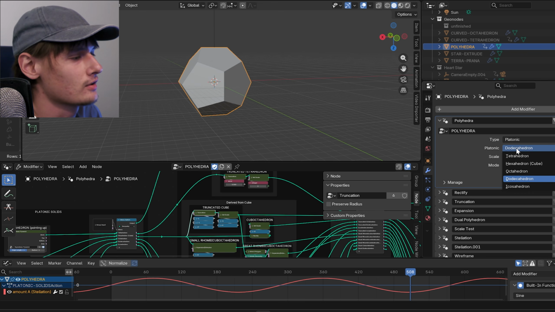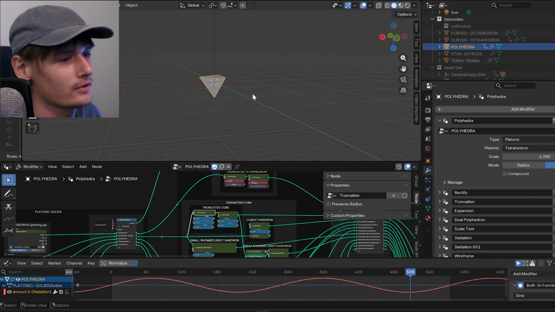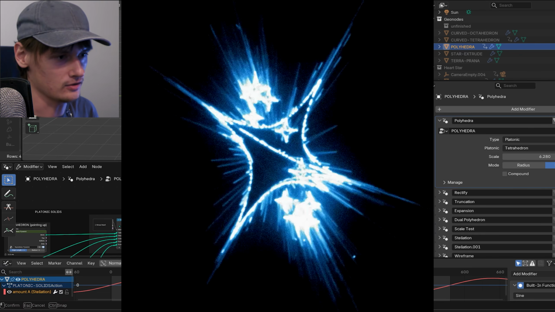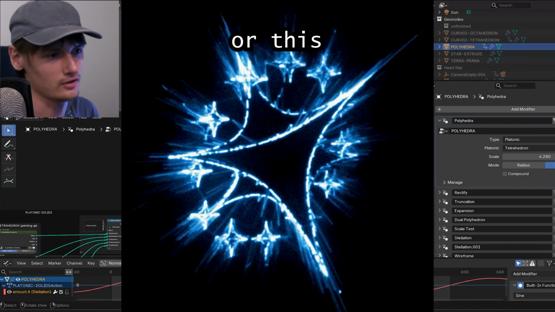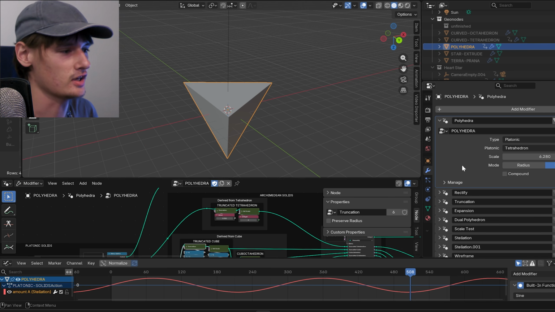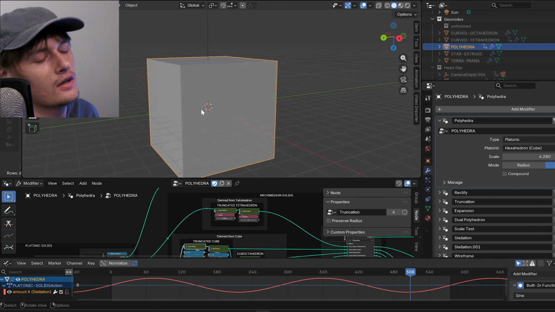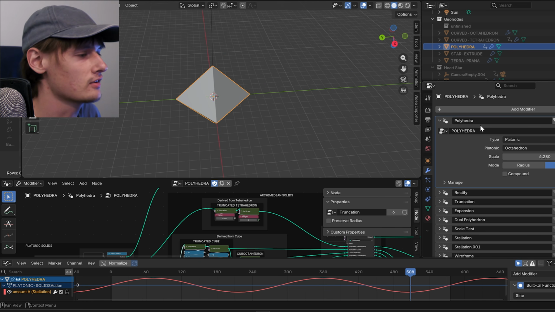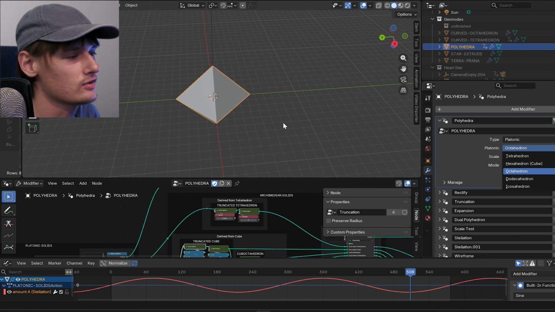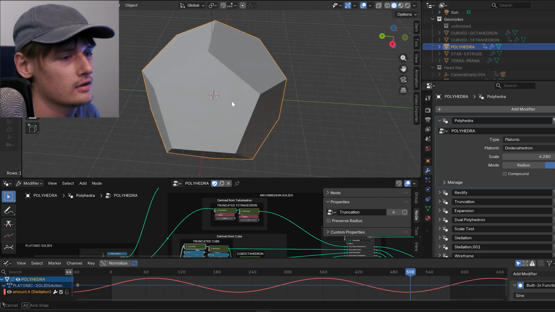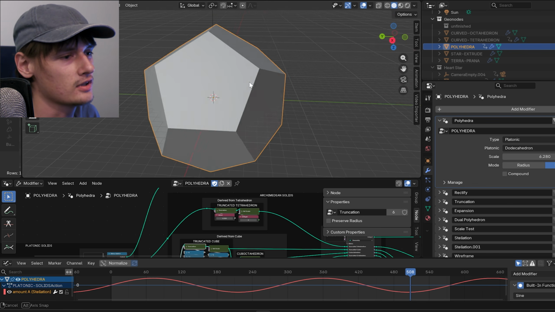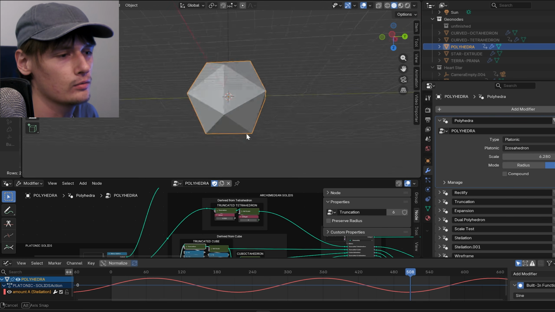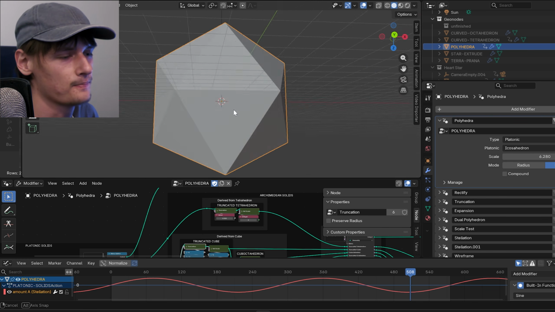Geometry nodes are a procedural modeling workflow in Blender, and the starting point is the platonic solids, the 5 perfect shapes, because they have equal faces, equal lengths, equal vertices, and they're the only 5 in the world which have this property.